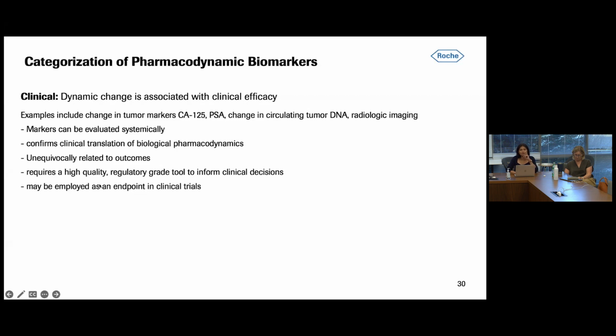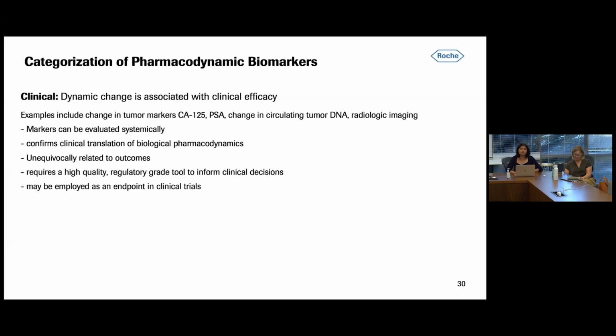One point that's really important is these biomarkers are unequivocally related to outcomes. You cannot use a novel thing in your phase 1 study and say, I know this is going to be my clinical biomarker. You need a lot of legacy data to inform what that biomarker needs to be.